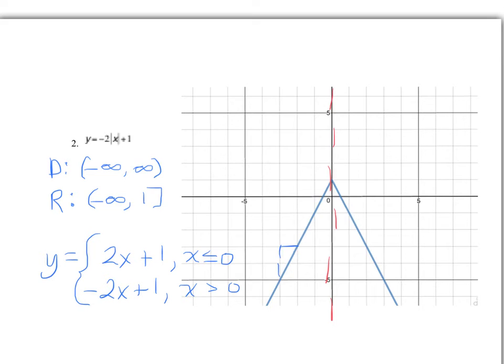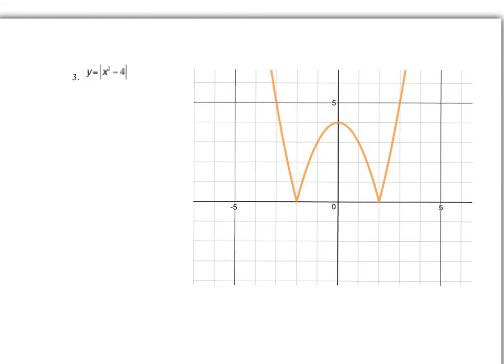This third one is an interesting looking graph. Domain. Negative infinity to infinity. Oops, that should have been a round bracket. Kind of halfway.